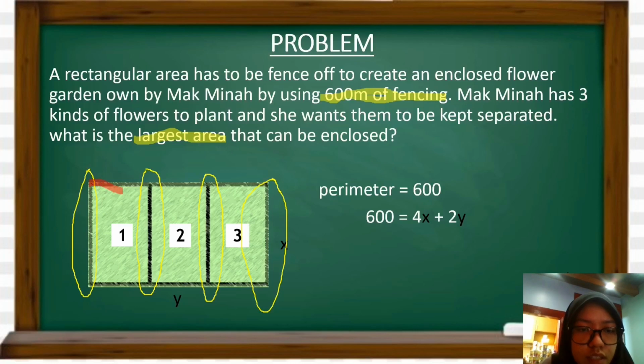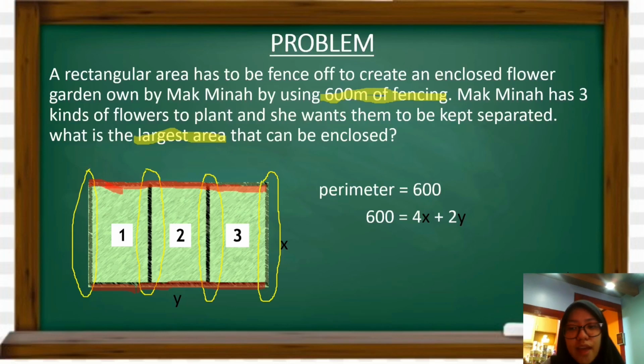And y, 1, 2, so therefore 2y. Okay, 2y, and that's the first equation that we can get from this problem.